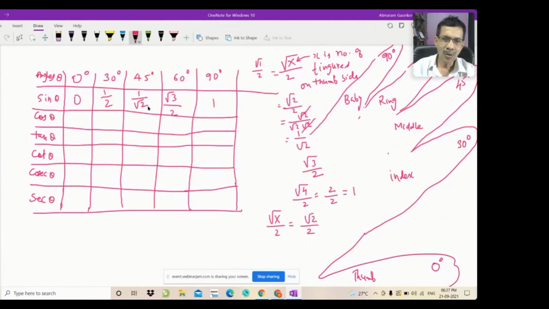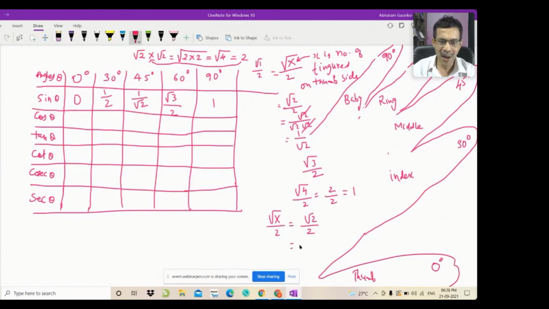And you must be knowing that root 2 multiplied by root 2 becomes root of 2 multiplied by 2, and this becomes root of 4, and root of 4 is 2. So that means I can write 2 as root 2 multiplied by root 2.